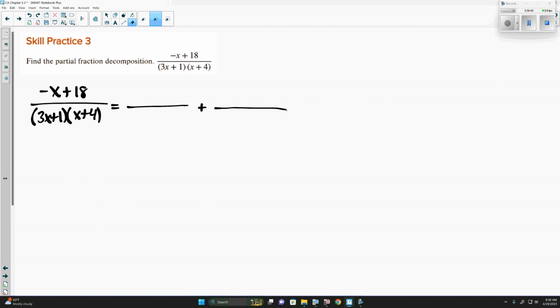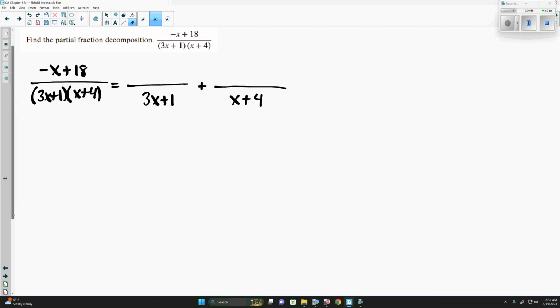Now, luckily for us, they already have the denominator factored: 3x plus 1 and x plus 4. So the top of the first fraction is going to be a.